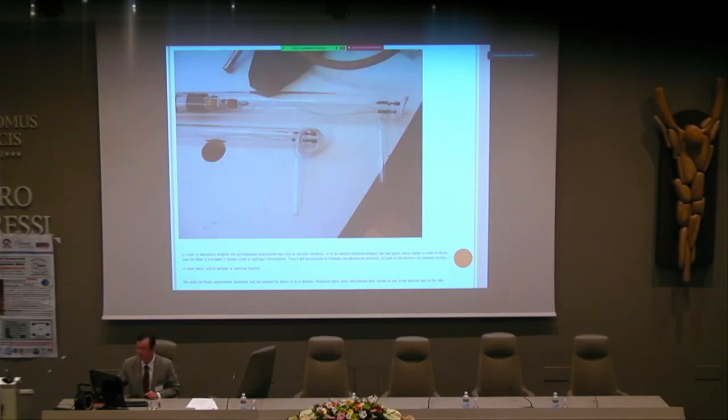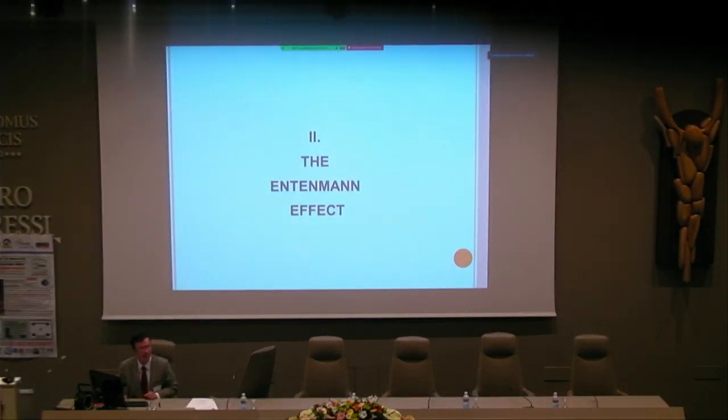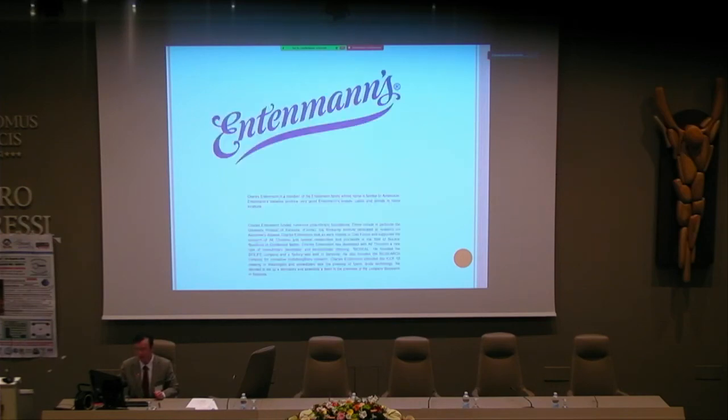At this time, a team led by Charles Untitled in Florida read the patent and wanted to reproduce the result. Charles Untitled is a member of the Untitled family. It is a very famous name in the US.